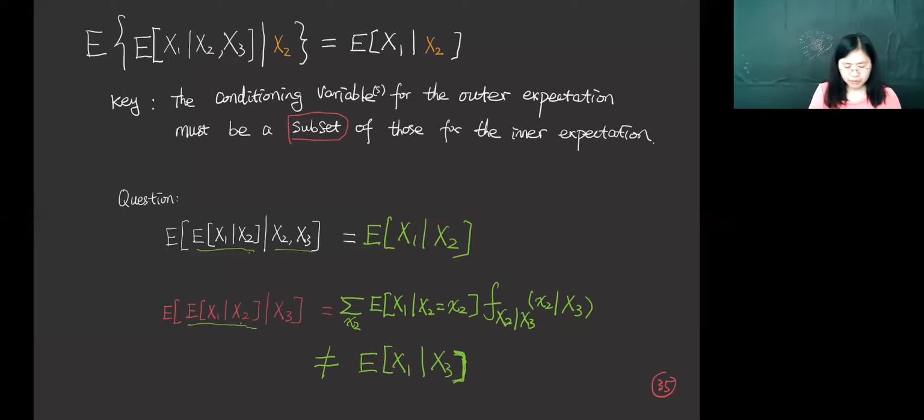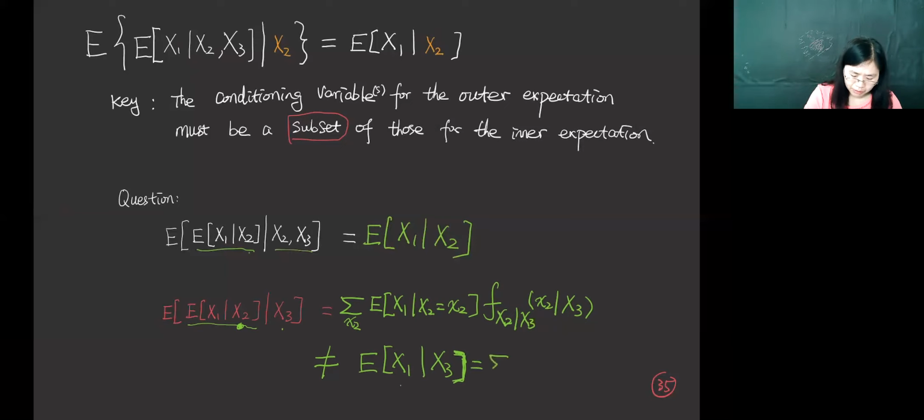It does not equal. This is because the inner expectation doesn't have finer information than the outer expectation. So what is E[X1 given X3]?